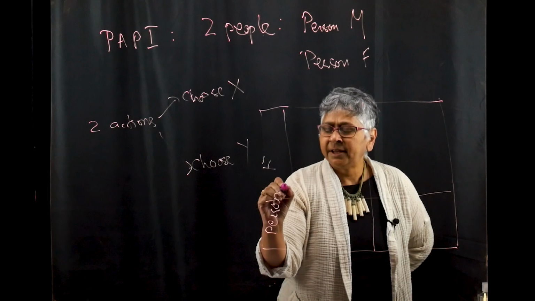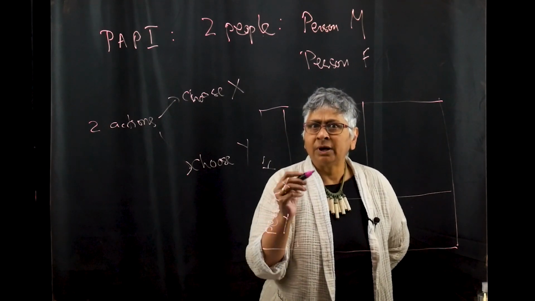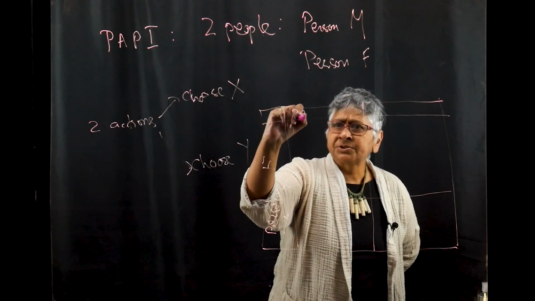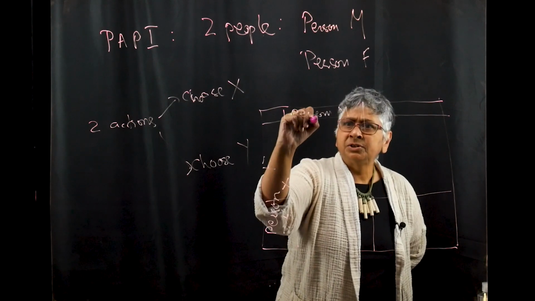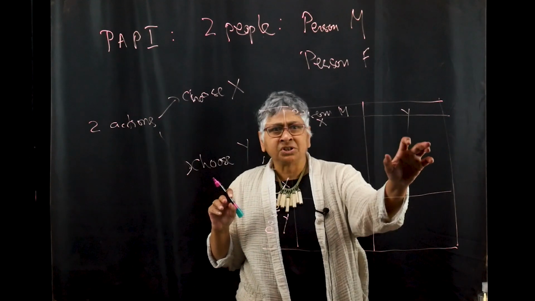This is person F. They can choose X or they can choose Y. And this is person M, and they can choose X or they can choose Y, which gives me 4 options.